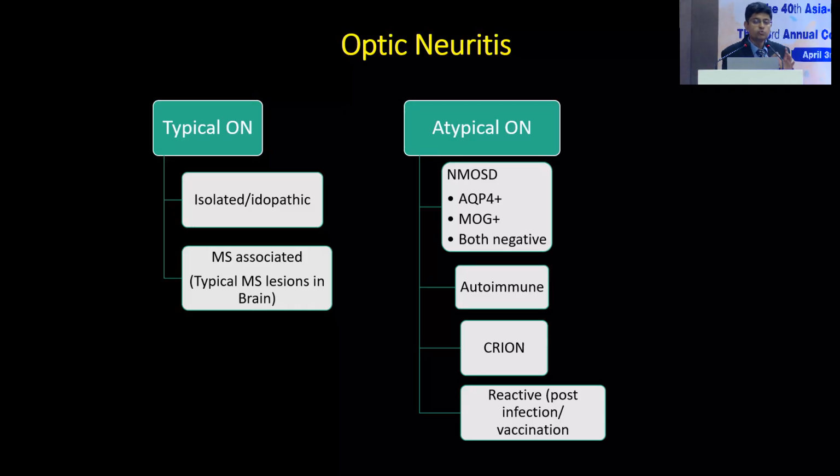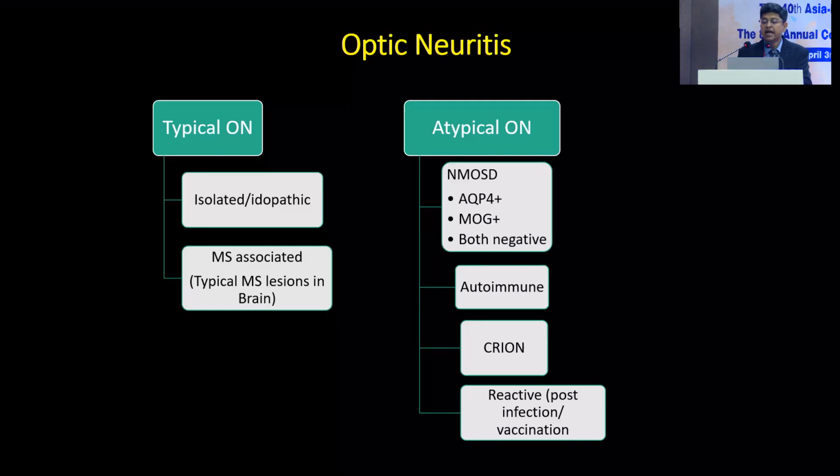So that is one group you're looking at. So the child you're looking at may be just isolated idiopathic, you treat and he probably will never come back to you again, or right at this moment we are seeing some signs or features of multiple sclerosis, or they may develop over time with recurrence or as the child gets older.